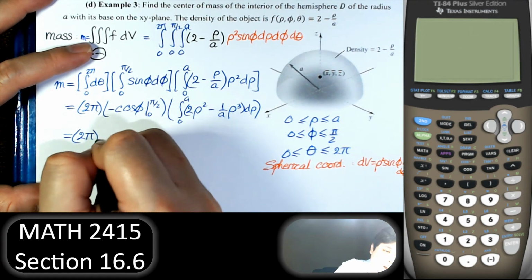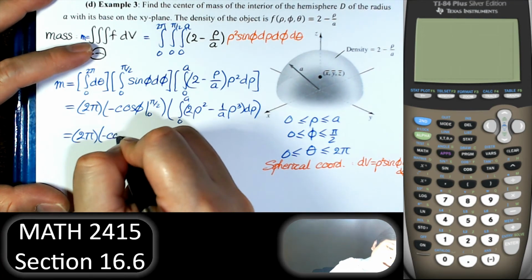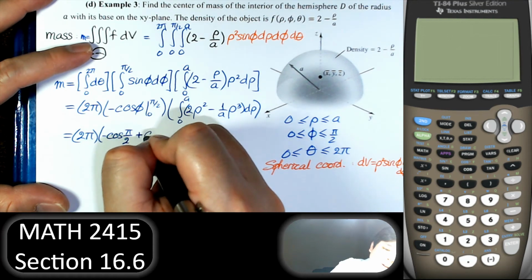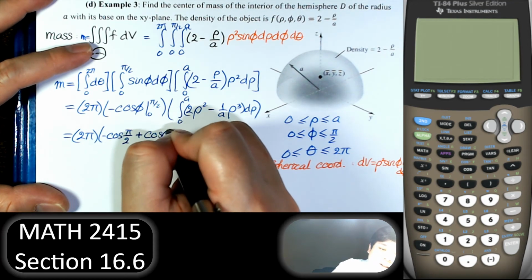So 2 pi, negative cosine of pi over 2, which is 0, minus the negative cosine of 0, which is 1.